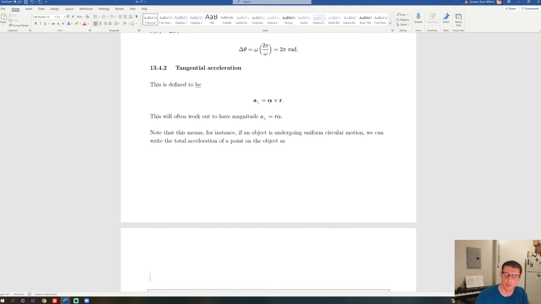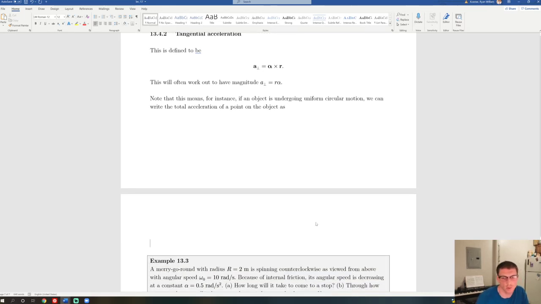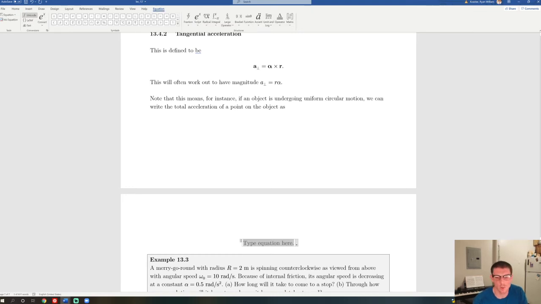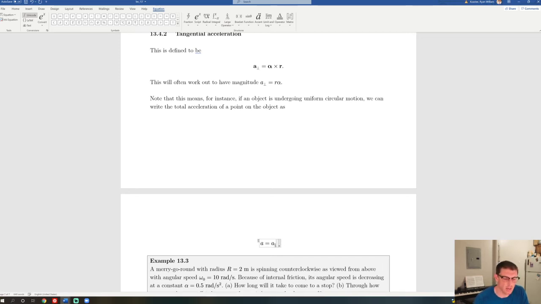So I just figured I would put that in there, but it is more general than that. We can say that the total acceleration, which I'll just call a, is given by the vector sum of the tangential acceleration vector and the centripetal acceleration vector. So formatting this the way it should be formatted, it ends up looking like this.